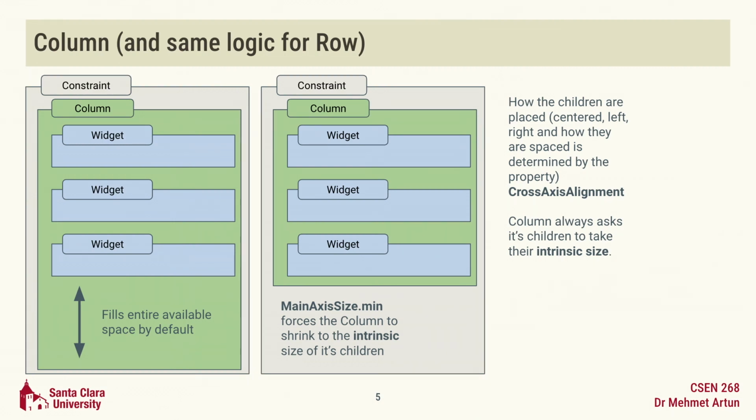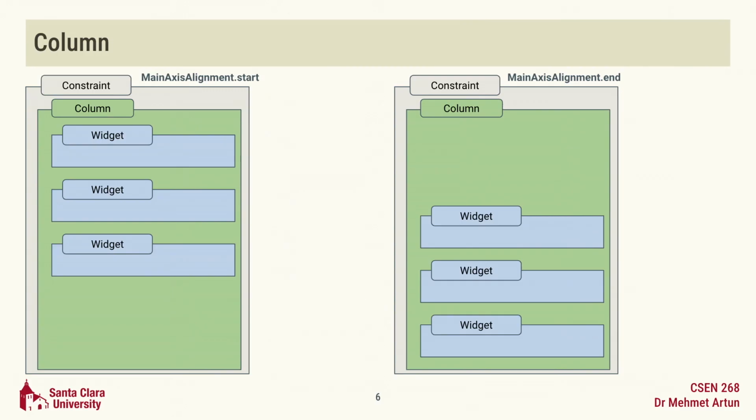For the row, I haven't done it here obviously, but the main axis for the row is in the horizontal direction, and the cross axis for the row is in the vertical direction. Okay? So that's self-explanatory.